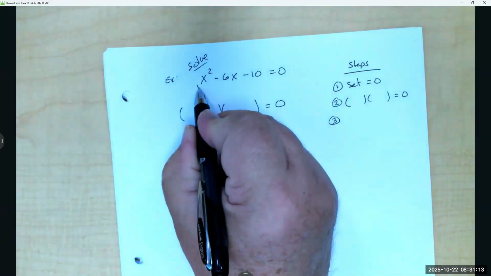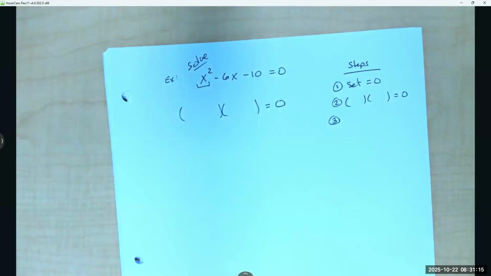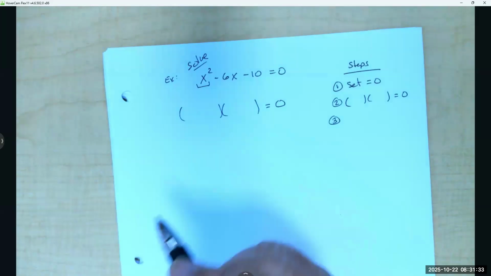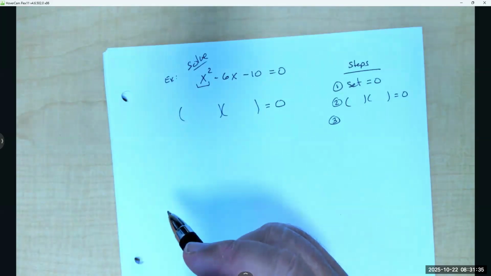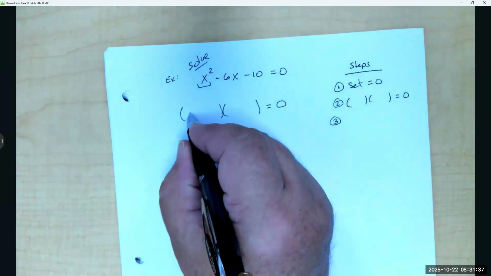So look at the first part. Where does this x squared come from? Look at the things we just did, or the ones you watched me do. Where did the x squared come from? Very good. And where were those x's? Perfect.